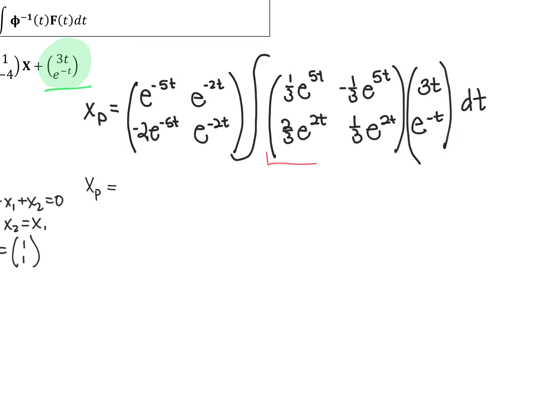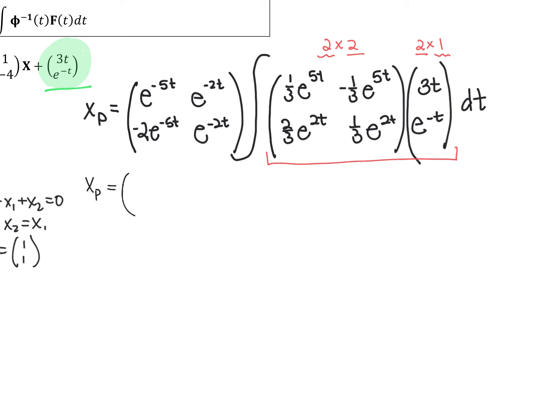This is what I'm going to work on first. And remember, to multiply matrices, those inside dimensions need to match. This is a 2x2. This is a 2x1. This matches, which means my result is going to be a 2x1 matrix. It's easy to forget what your result should be because it gets kind of messy.